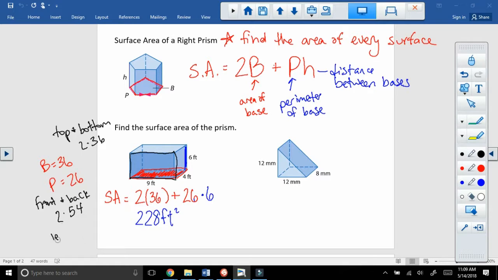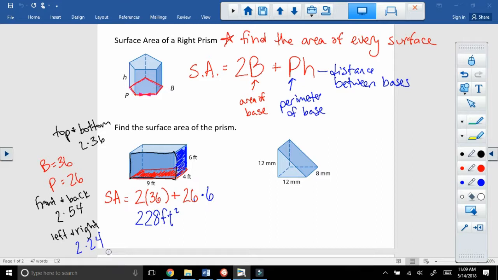And then if you wanted to do the left and the right, what are the dimensions of the left and the right? Well, that's the 6 by 4, so that's 24. So you could do 2 times 24 and then just add all those up.